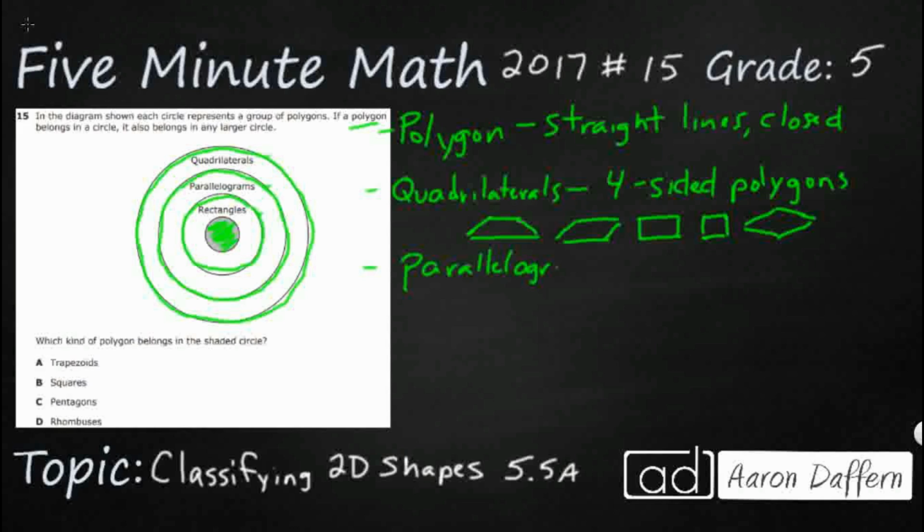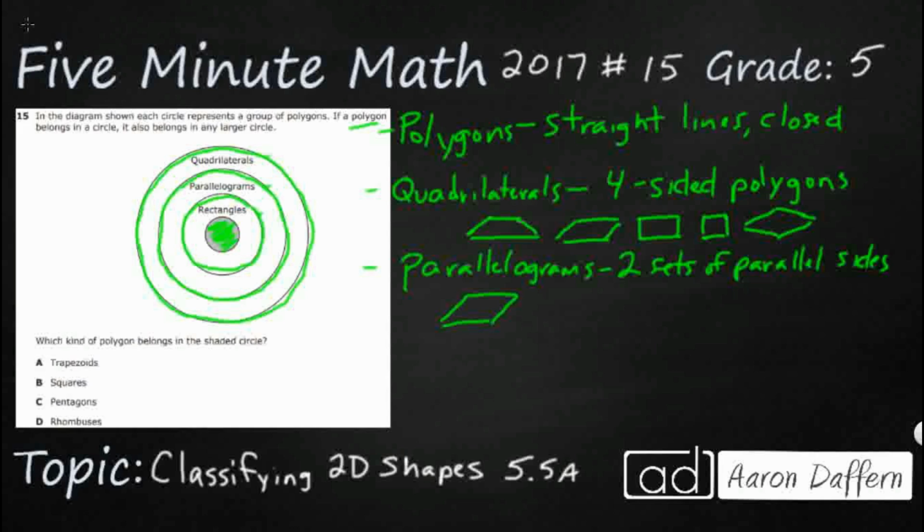So parallelograms have two sets of parallel sides. Obviously we only have four sides together, so there are two sets, or two pairs, of parallel sides. When we think of a parallelogram, typically we think of it like this, right?